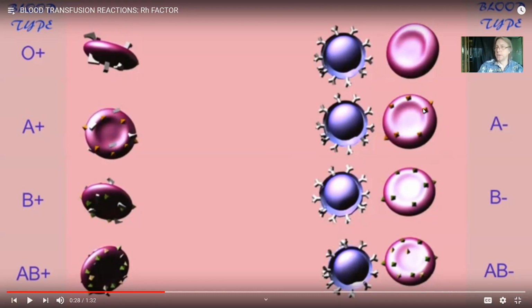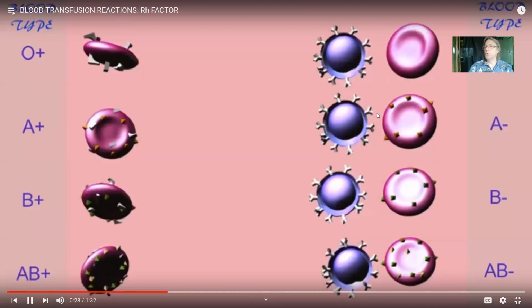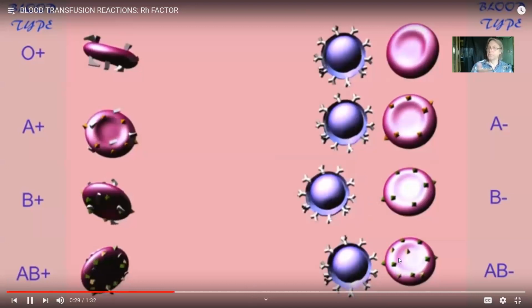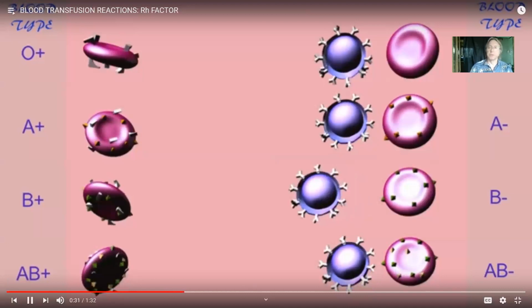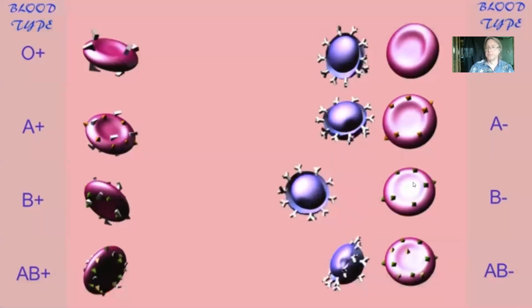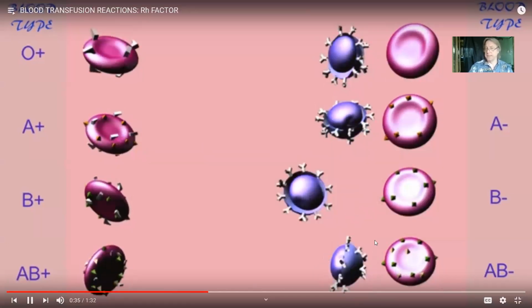But if you're negative, O negative, A negative, B negative, AB negative, you do make antibodies which would attack the Rh factor, which you don't have. So the people who are negative can't receive a transfusion from a positive source because they will attack it with these antibodies.